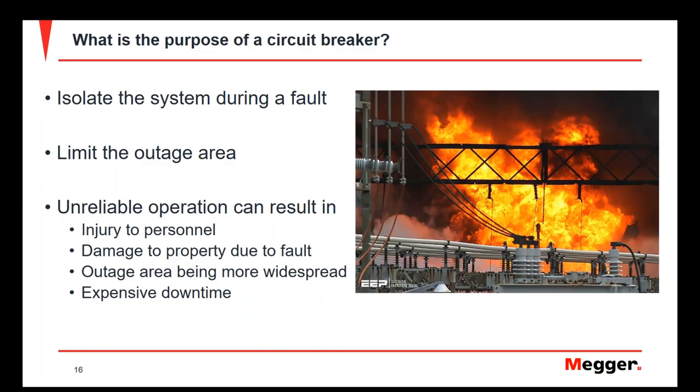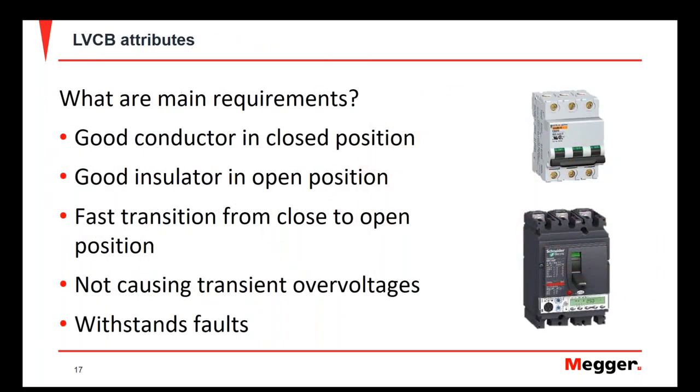However, it's really important that we test and maintain this part of the system, because if it's unreliable, it can cause some pretty serious things such as injury to personnel, damage to property, or a more widespread outage area than what's desired. And in the end, all of these things lead to more expense. So what are some attributes that we want to see whenever we talk about a low voltage circuit breaker?